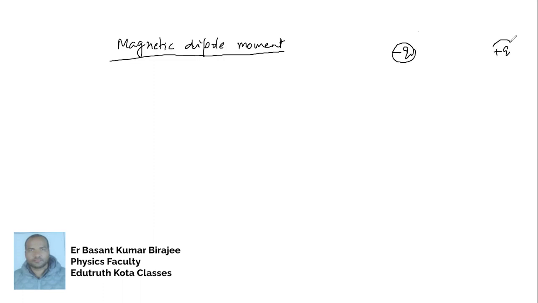Similarly, in magnetism, in the case of a bar magnet, you have a north pole and a south pole, and if the pole strength is m and the separation is L, then the magnetic dipole moment is pole strength times distance of separation.